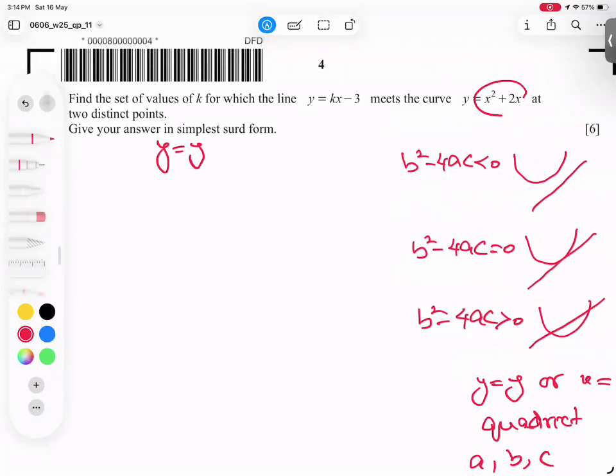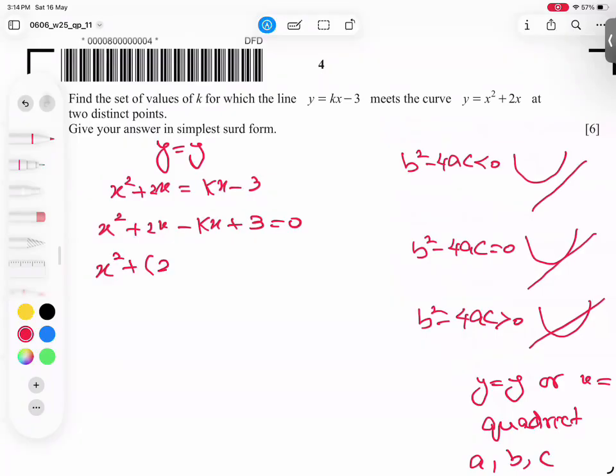So this value comes here and this value comes here. Bring all values to the left side. I must take common out. As I said before, I need a quadratic equation. What is a? A is 1. I get from here, b is 2 minus k and c is 3.